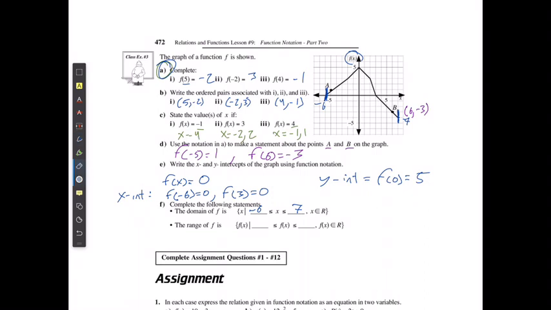If I want the range, the lowest point that y reaches down here is -4, and the highest point that it goes up to is +5. So I'm going to say -4 is less than or equal to f of x, which is less than or equal to 5, where f of x is equal to every real number. Okay, try some practice.